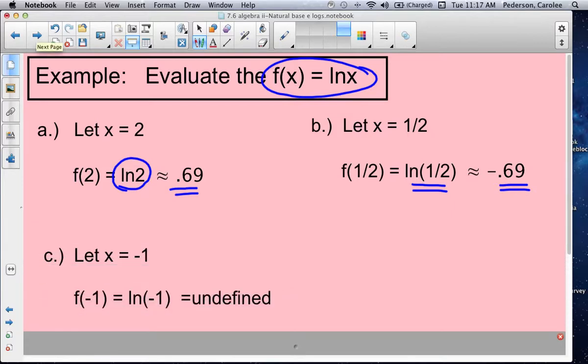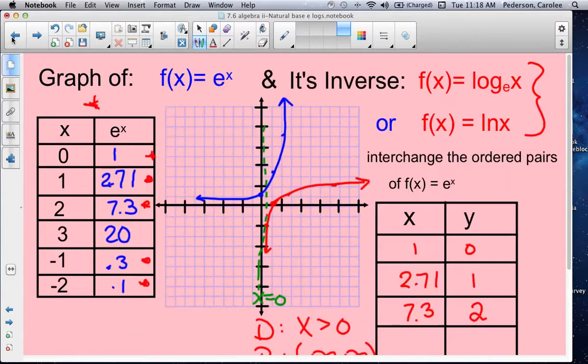And then notice this last one, let x equals negative 1. When you substitute a negative into the function, what happens is it's undefined. You can't have a negative value for x with a logarithm. The reason why is if we go back to this slide in the red function, notice its asymptote is the green vertical line.